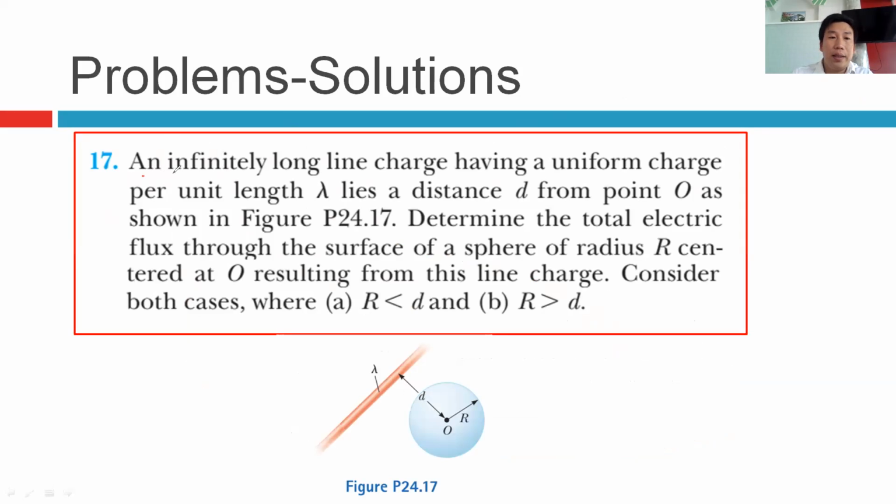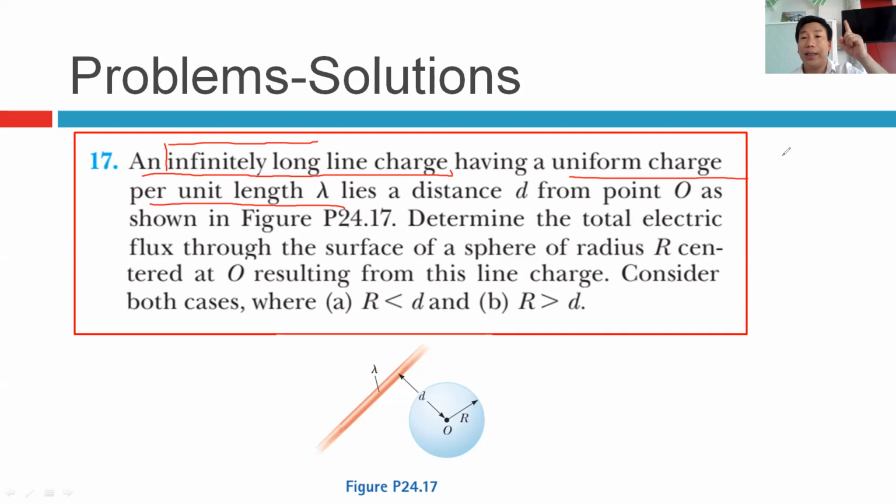We have an infinitely long line charge. It's very long. It has a uniform charge per unit length. Previously we already know there are three kinds of charge density.